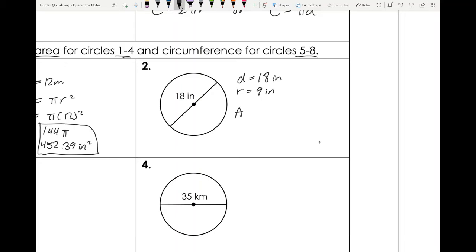So plug into our formula for area: pi times 9 squared, 81 pi, because 9 squared is 81, which is approximately 254.47 inches squared.